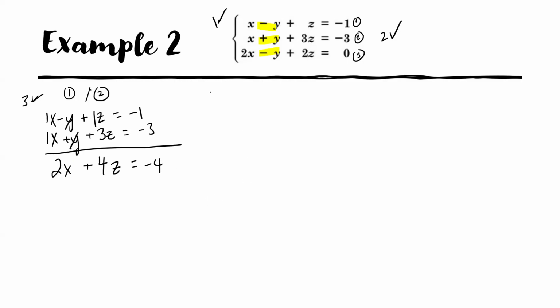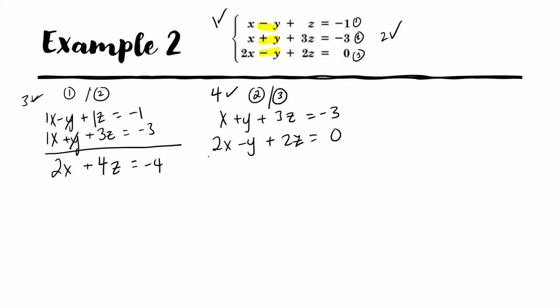Okay? Step 4 is to choose another pair of equations to eliminate that variable with. Which other pair of equations are we going to use? 2 and 3. Good job. So we chose 2 and 3. So we have x plus y plus 3z equals -3. Then we have 2x minus y plus 2z equals 0.